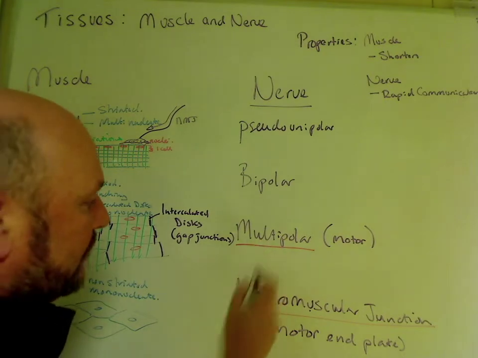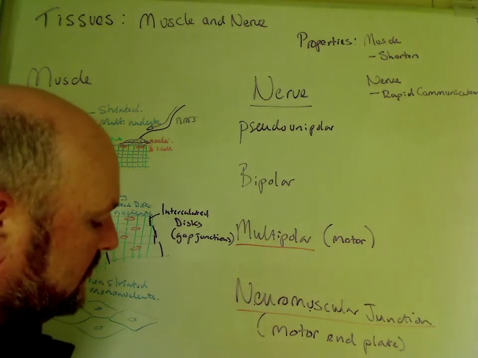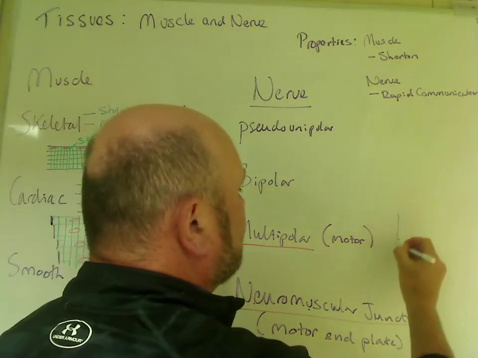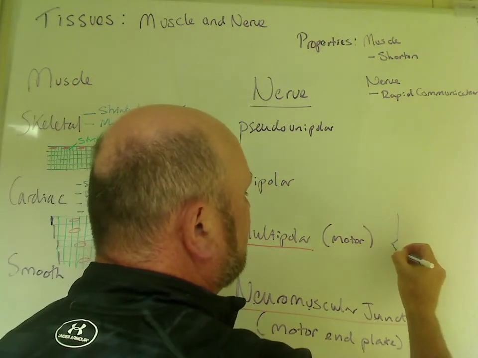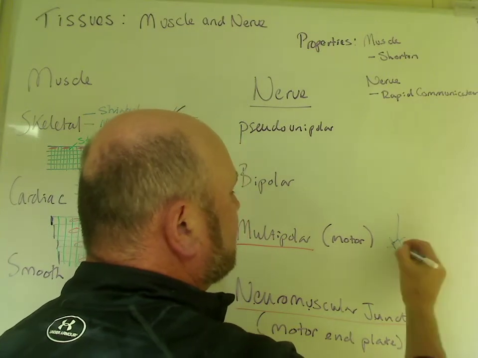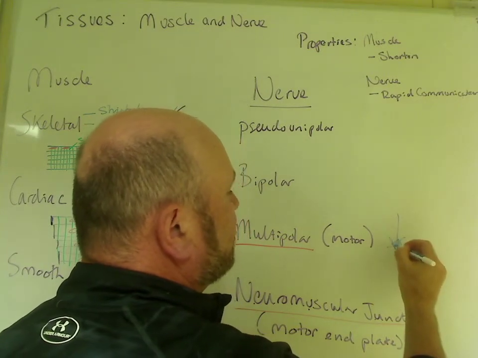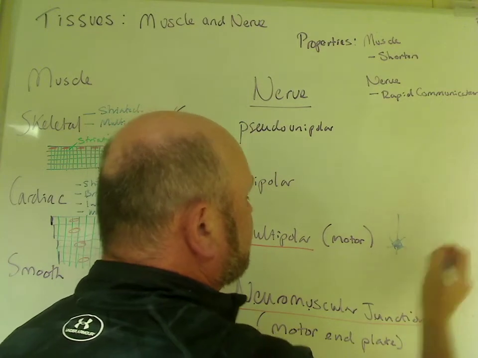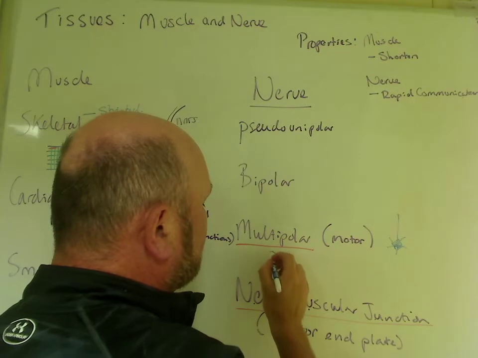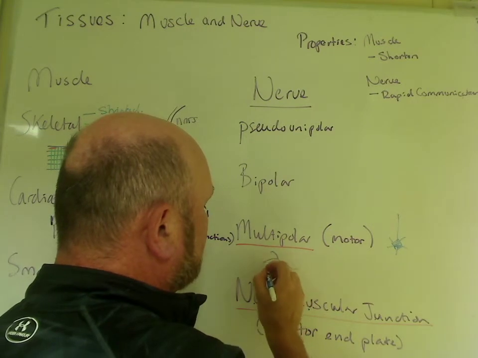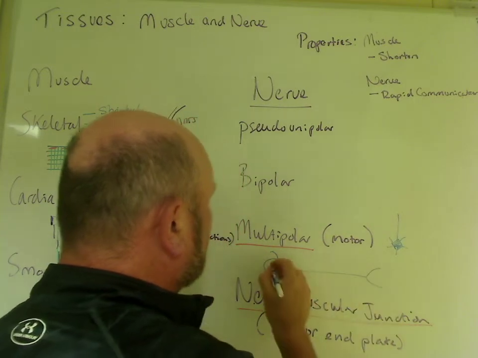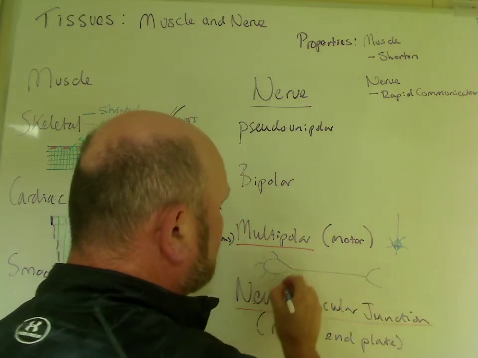So multipolar, under microscopy, it'll look kind of like that. Darkening, this is the cell body here. Classically, a multipolar looks like that.